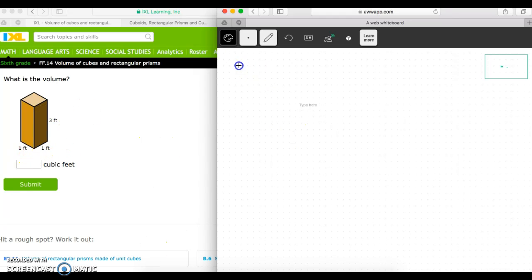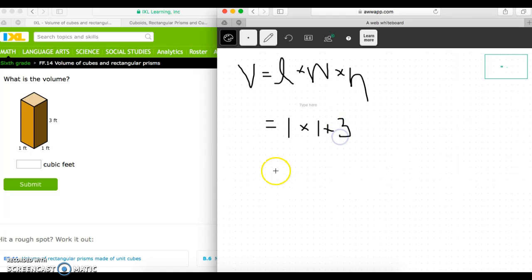So my formula is length times width times height. And let's apply it here. 1 times 1 times 3. So let's pretend we don't have calculators to use here. 1 times 1 is 1, and then 1 times 3 is 3.